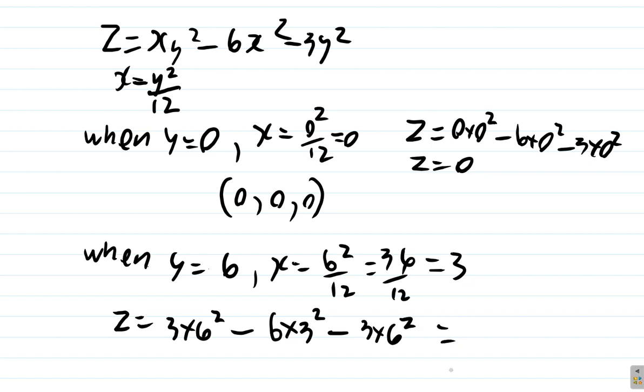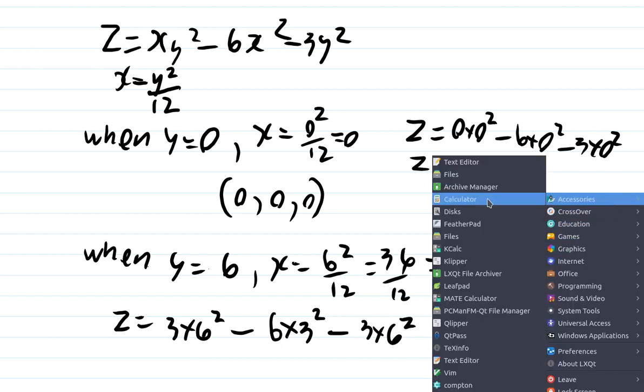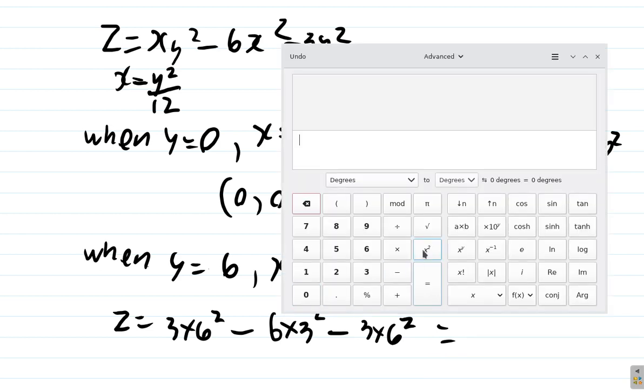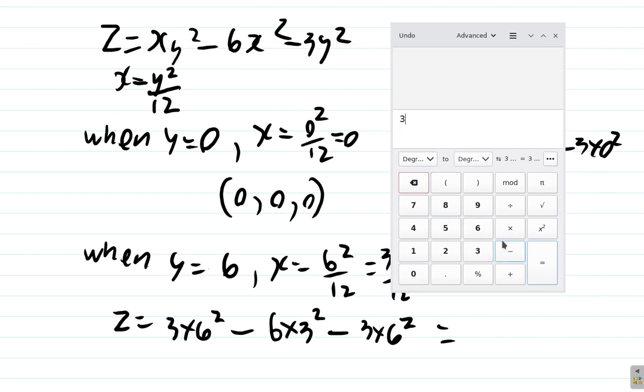Let's use our calculator to see what that could be. 3 times 6 squared is 108, minus 6 times 3 squared is 9, minus 3 times 36, we have negative 54.